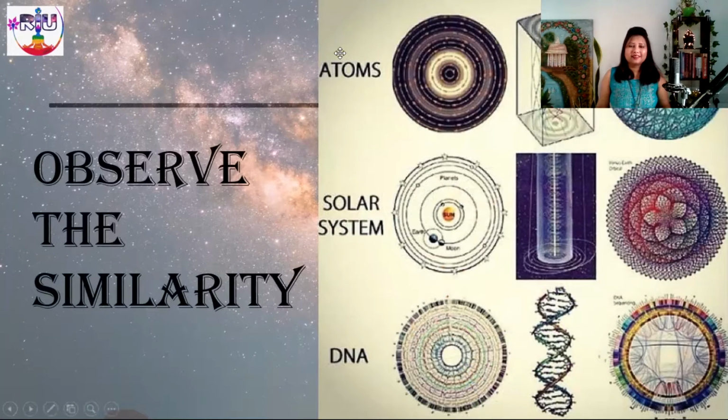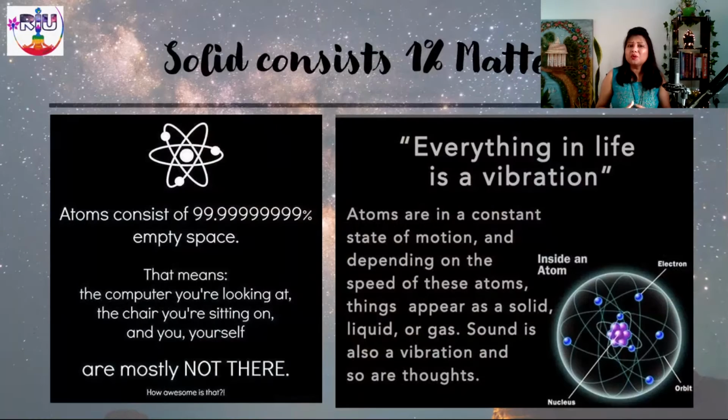Now here you can see the similarities among the atoms, the solar system and the DNA. The structure looks the same, the pathways look the same, even the pathways that created a geometric pattern also look similar. Do you know any solid object consists of only 1% matter?